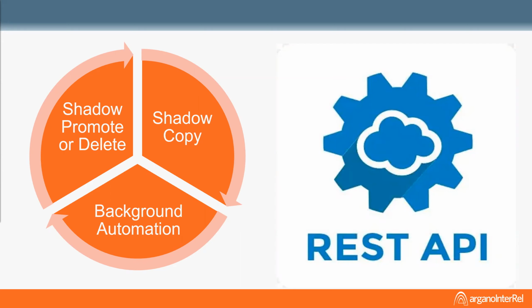Once the shadow cube is promoted or deleted, that background cube is deleted and the original security on the public cube is still in place. Partitions are in place and everything else works just hunky-dory.